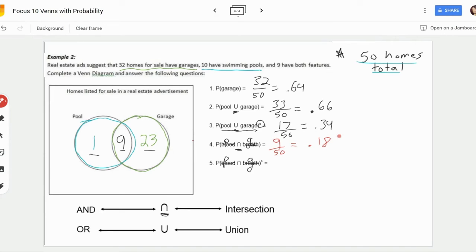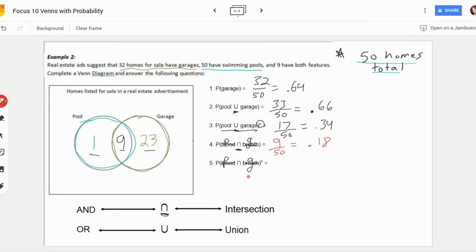And then the last one: what's the probability of a house not having a pool and a garage, but that's a complement. So not pool and garage, all situations where they don't have both.